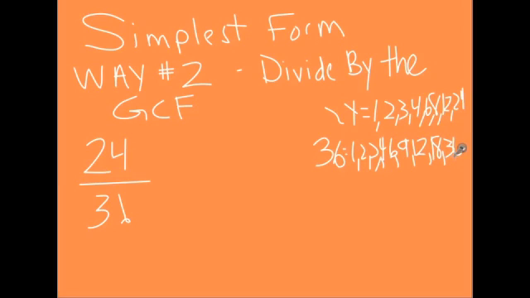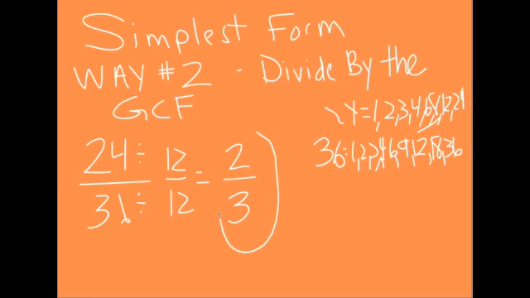Well, the biggest one there, the greatest factor that they both have in common, is going to be 12. So I'm just going to divide the numerator and the denominator by 12. And so now I get the fraction 2 over 3. 2 over 3 is in simplest form because the only number that can divide them both evenly is 1.